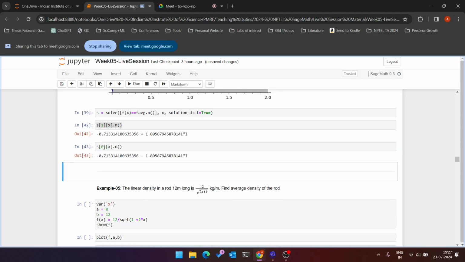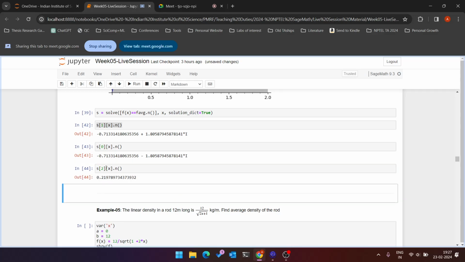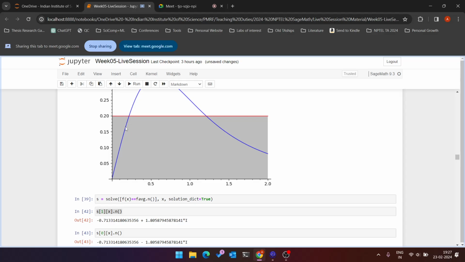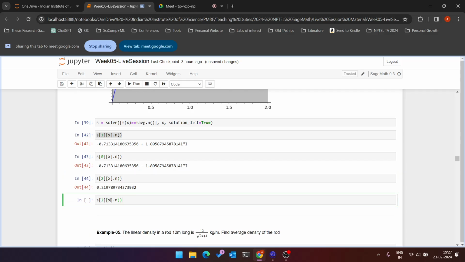There are two conjugate solutions as well, and we are interested in the real solutions. Those should be 0.219, so somewhere here, and another solution would be somewhere around 1.2.